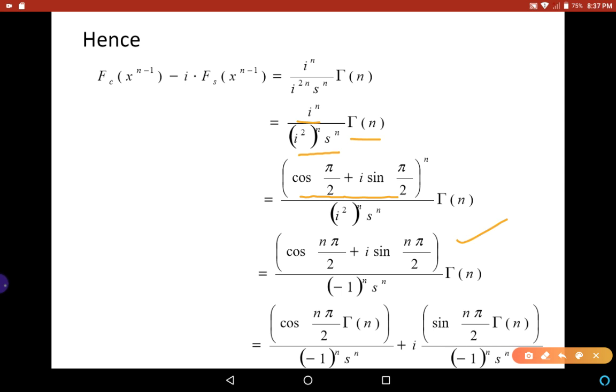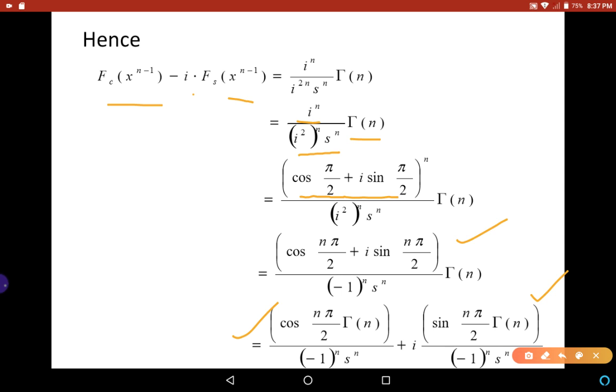Now separating the real part and imaginary part, we get real part as cos n pi by 2 into gamma of n by (minus 1) whole power n into s power n plus i times imaginary part is sin n pi by 2 into gamma of n by (minus 1) whole power n into s power n. Now compare the real parts on both sides and also the imaginary parts on both sides.